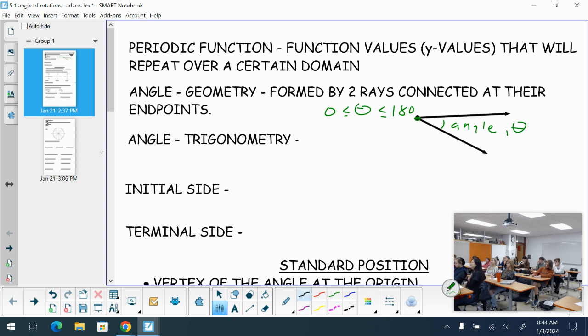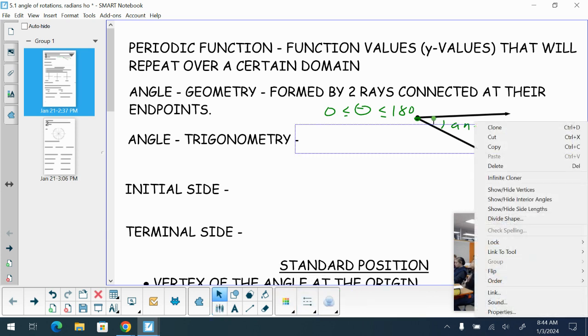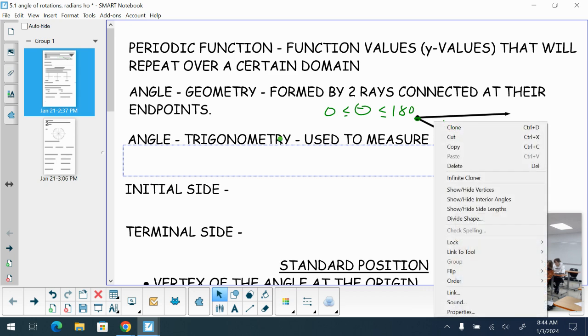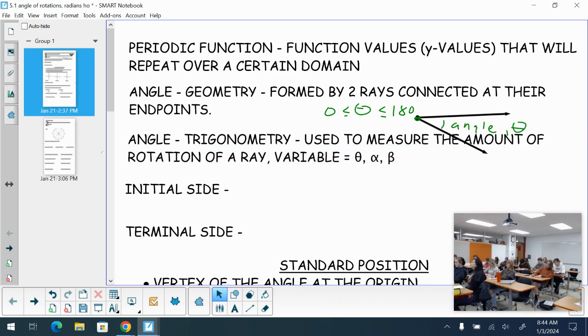When we talk about trigonometry, we change this definition, we get the big boy, big girl mathematics. It's used to measure the amount of rotation of a ray. How much rotation do you have of a ray?